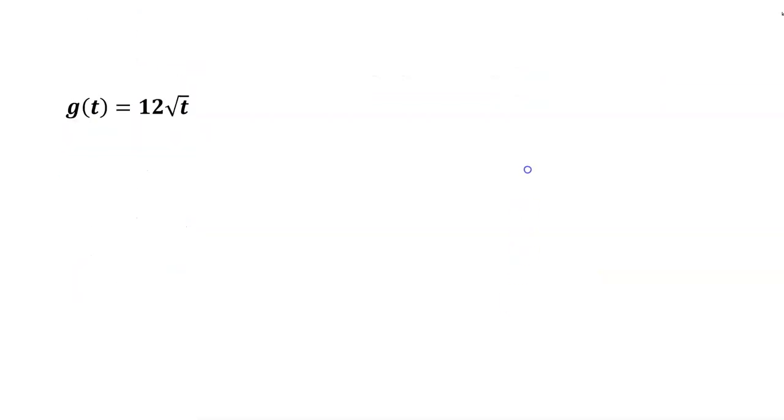Alright, how about this one? This one is also the power rule. Power goes in front and then you go down a power. The problem is you have to remember that square root is a 1/2 power. Anytime you have a root, it's a fraction exponent.